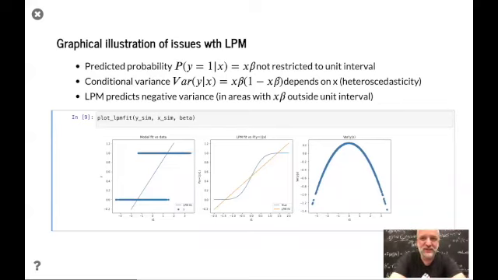Okay, it's certainly not looking completely linear, right? But it does appear that as x is increasing, so is the probability that y is equal to 1. Okay.